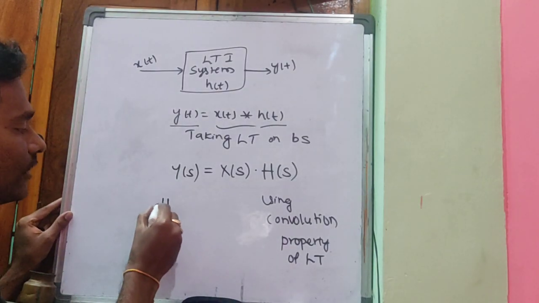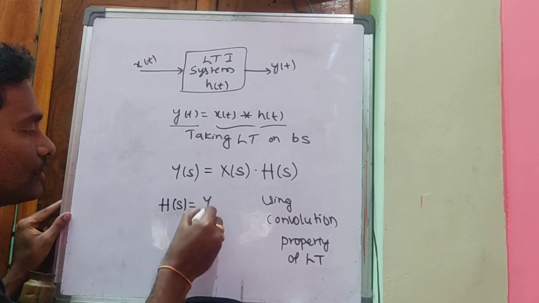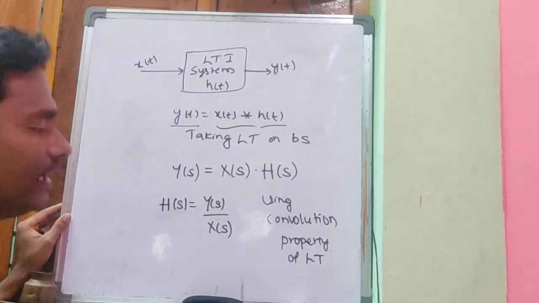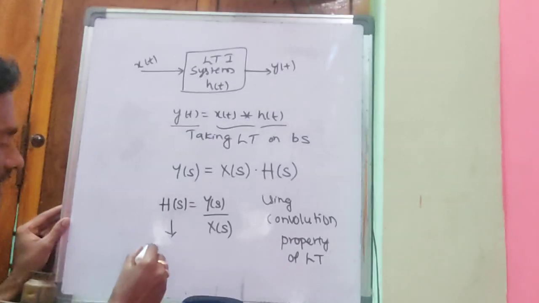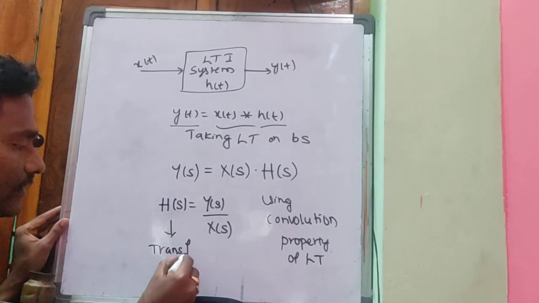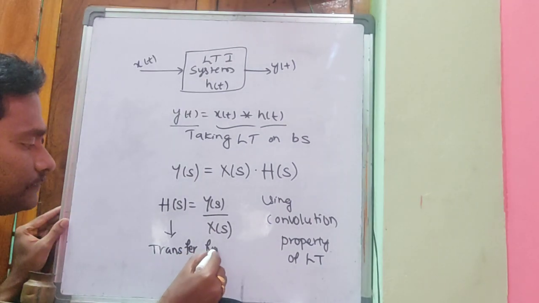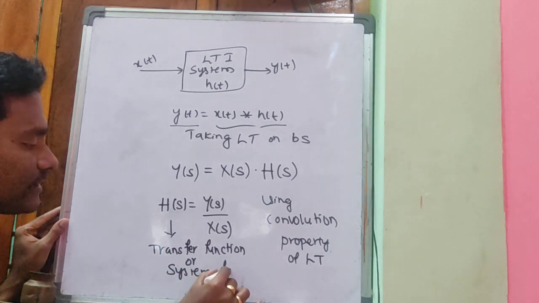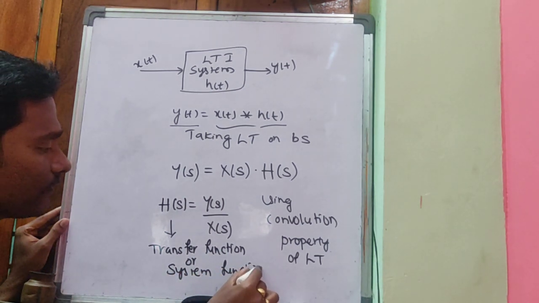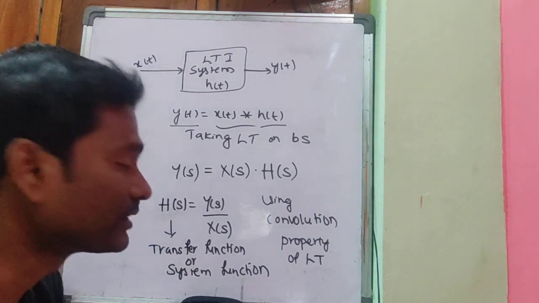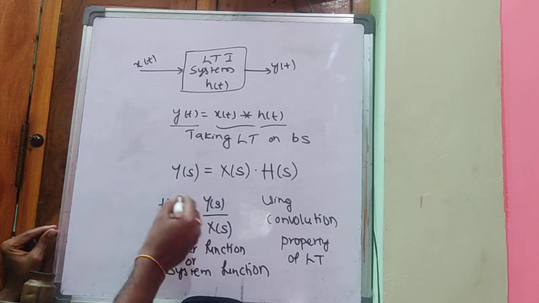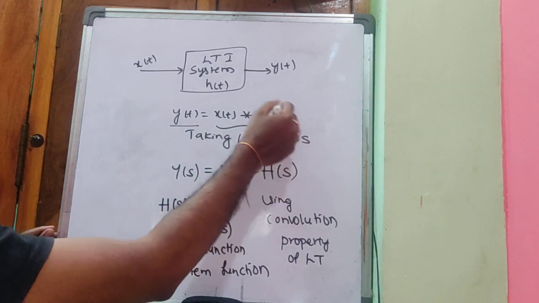From this, we can also write H of s is equal to Y of s by X of s, and this H of s is again called the transfer function or system function. Let us come to the relationship between the transfer function and the impulse response.